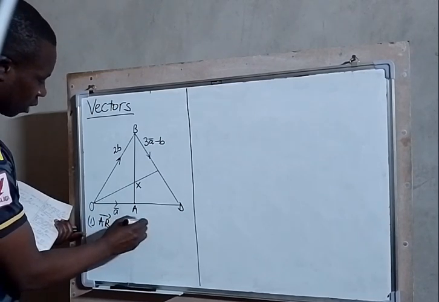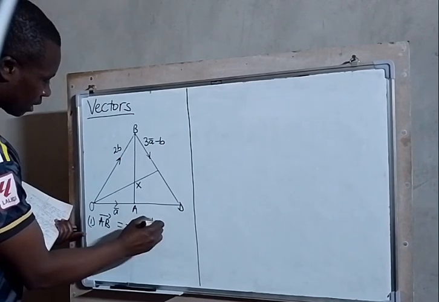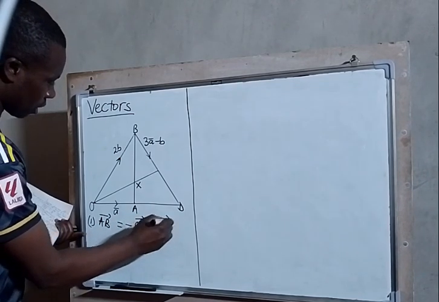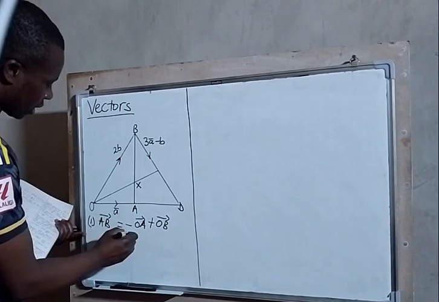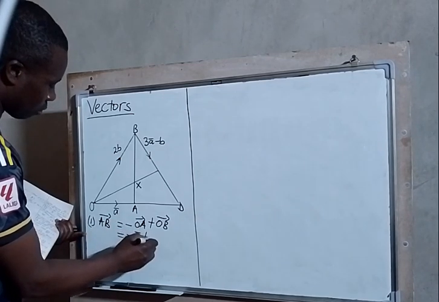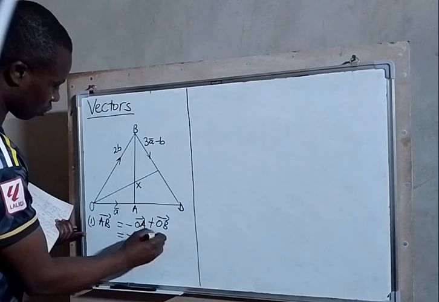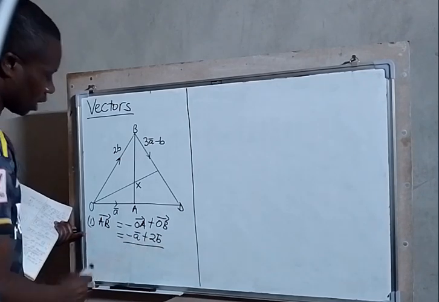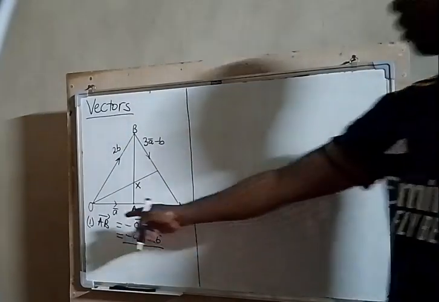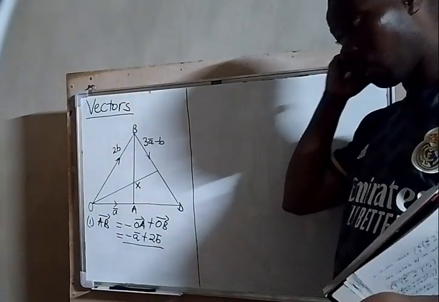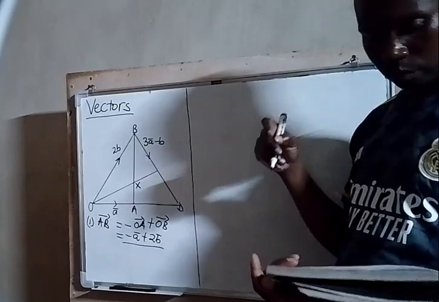It's now minus vector OA plus vector OB. And vector OA is A, so we have minus A plus 2 vector B. This is vector AB.